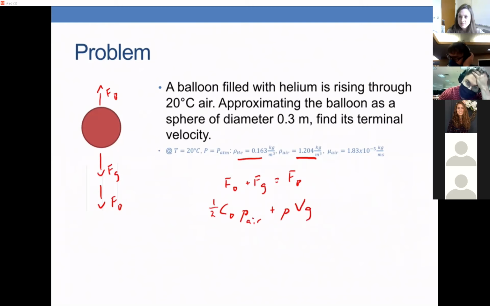The density there, is that the density of helium or of the air? Also of the air. Okay, so this is the weight of the balloon. So will the weight of the balloon use the density of air or of helium? Of helium, because the balloon's full of helium.